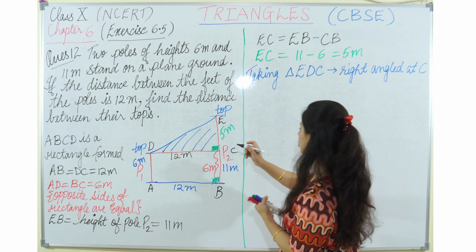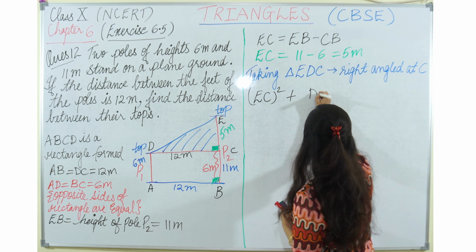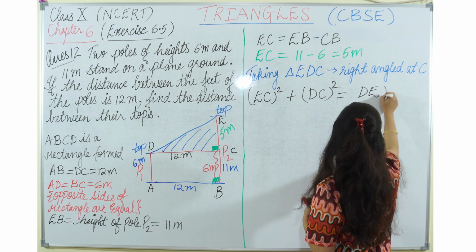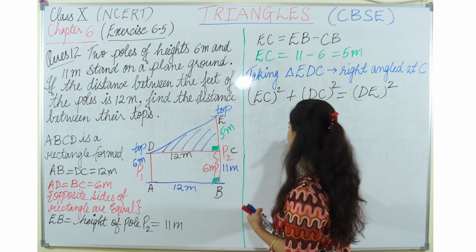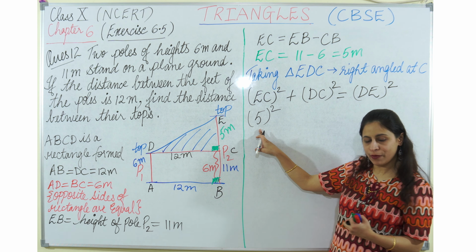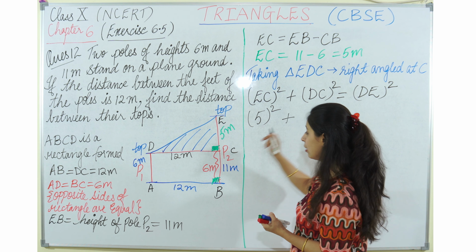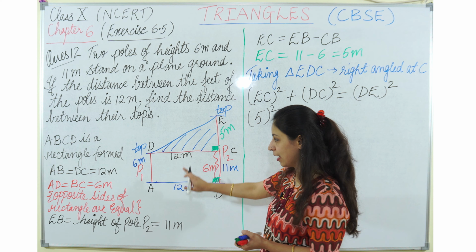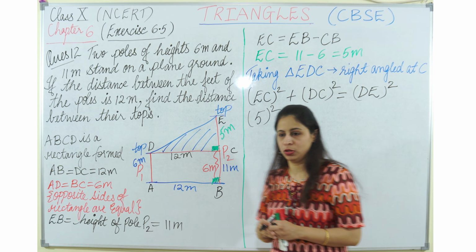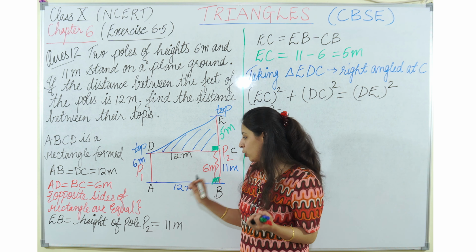So EC square plus DC square will be equal to DE square. EC is 5, so it will be 5 square. We have already found it out over here. Then DC is 12, that is also justified because the opposite sides of the rectangle are always equal. Length and breadth, we have two measurable quantities over here.